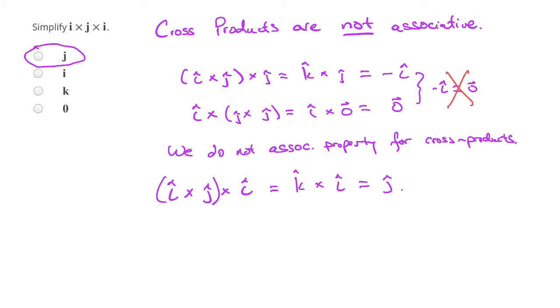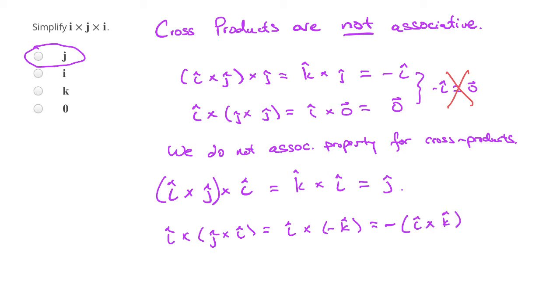If we did our answer by grouping the last two together, then j cross i is going to give us a minus k, so we have i cross minus k, which is a minus i cross k.